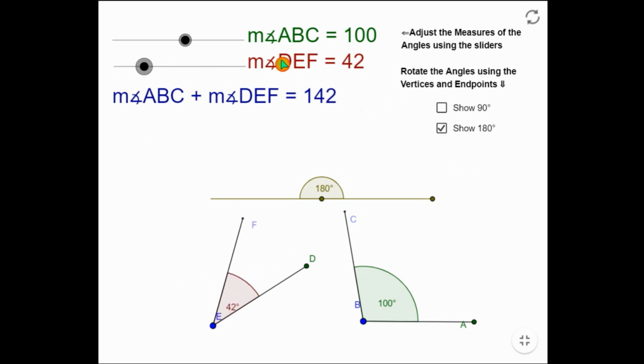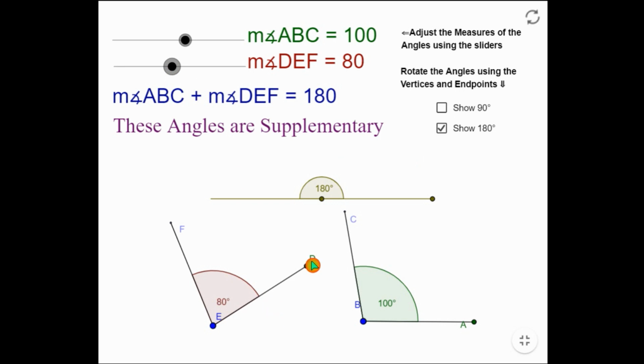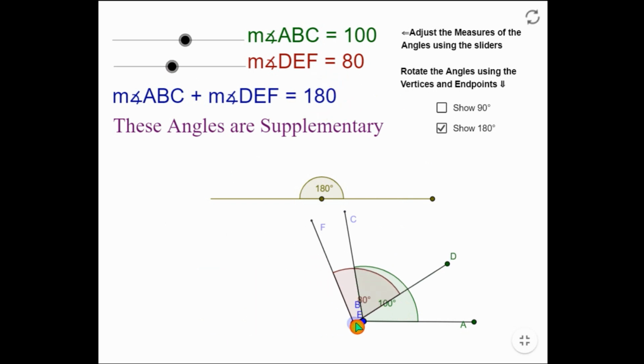Right, pababa tayo kasi nasa 42 pa lang. Tataas pala. Okay, so there we go. So, 100 plus 80. Okay, when we add them together, we have a sum of 180 degrees. Then, that makes these two angles supplementary angles.